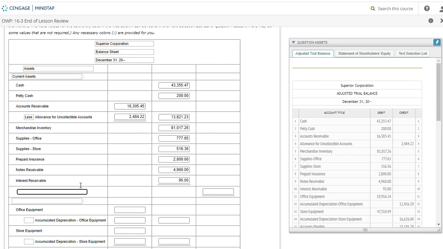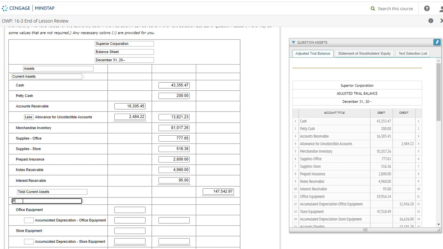And that's going to give us down to our total current assets, which when we total all that up, we get $147,542.97.